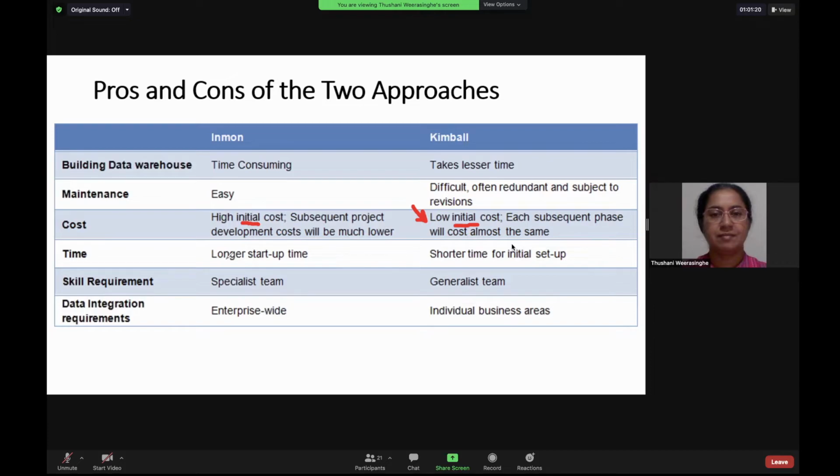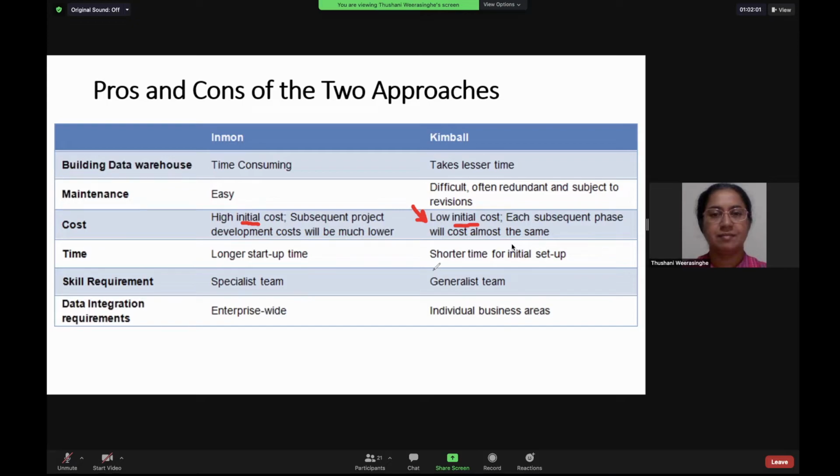Time-wise, Inmon's will take longer, and Kimball's approach will take shorter. Why? Because of the structure, the architecture that we have there. Because we have the data marts first, we can quickly go on developing and implement it very quickly. Also, we can work with technical people who are not necessarily experts, because people who know how to develop a database and handle data might be able to start developing it.